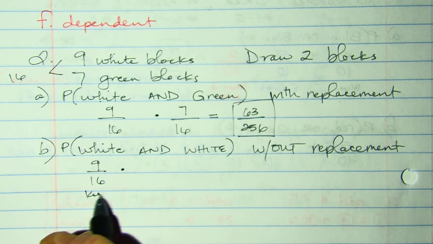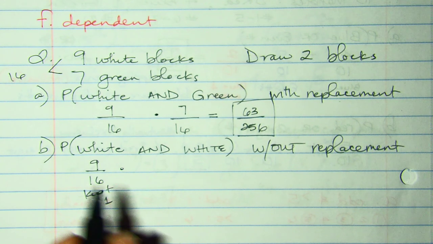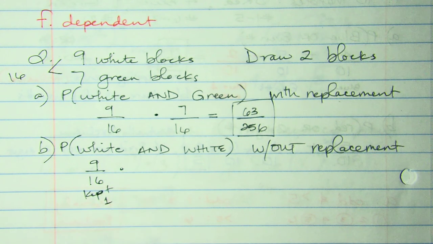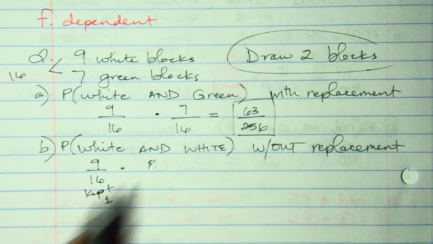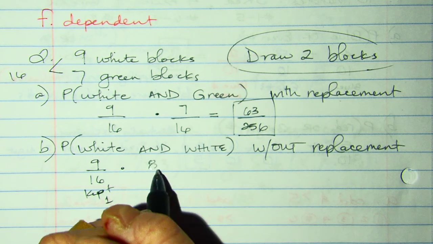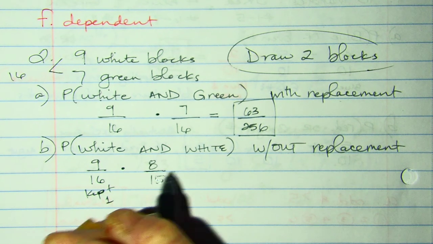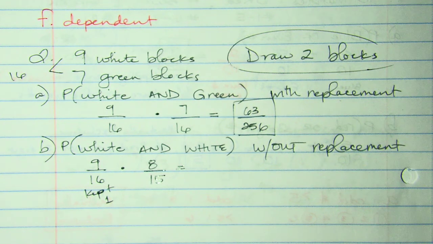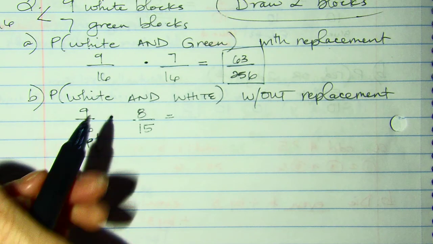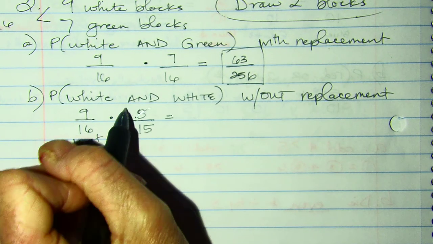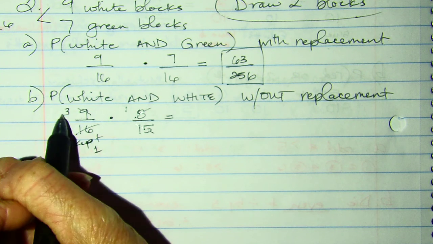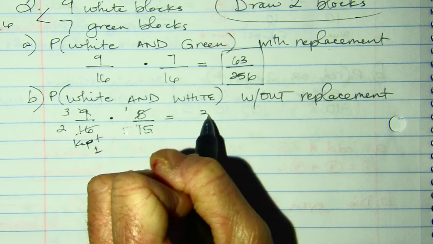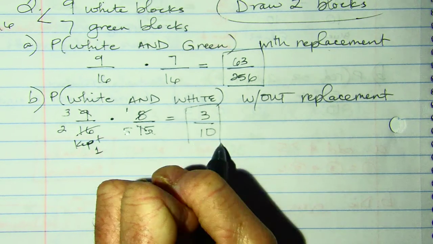But if I kept this one block, I didn't take out all 9. Remember, I'm only drawing 2 blocks. So now I only have 8 that are white left over, and now there's only 15 in the bag. So I can reduce this. 8 over 16 is 1 over 2. 9 over 15 is 3 over 5, so I end up with 3 over 10.